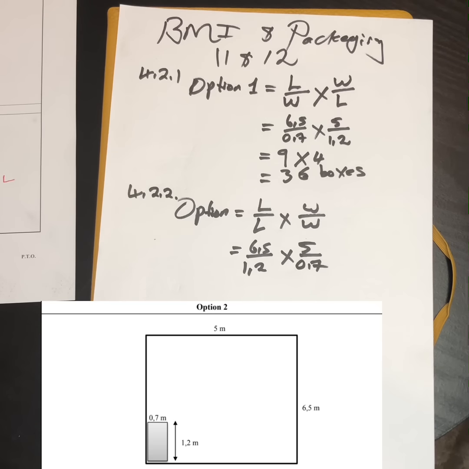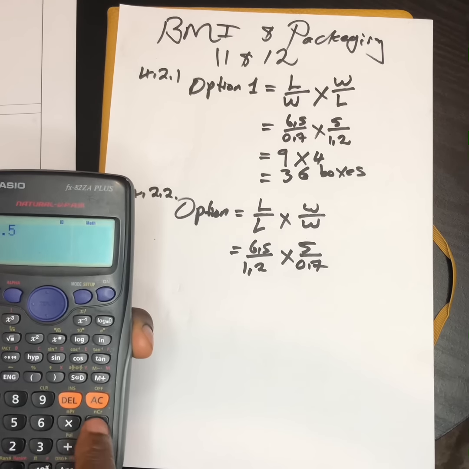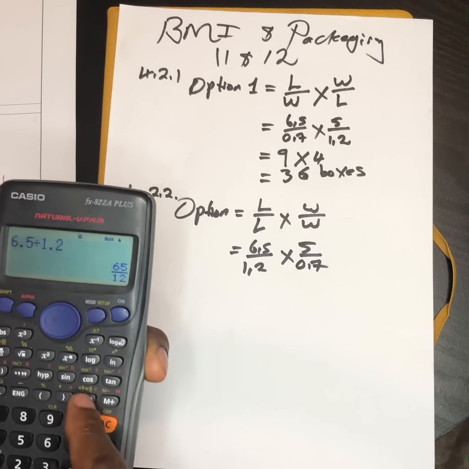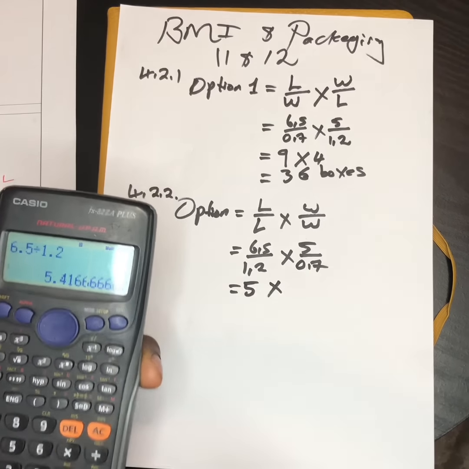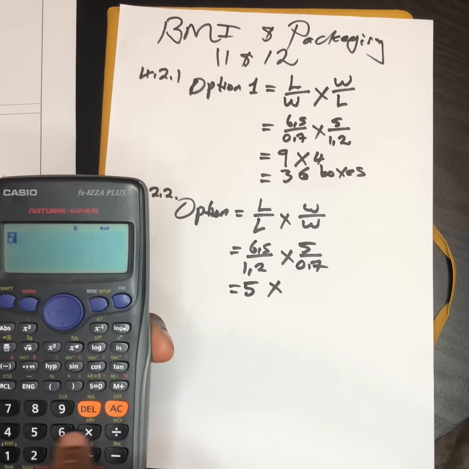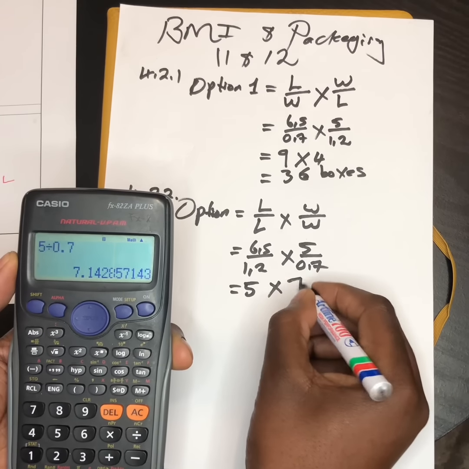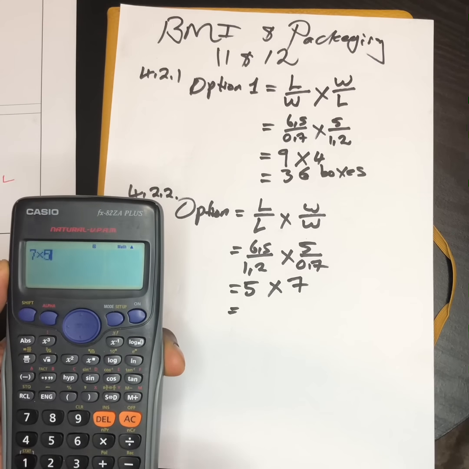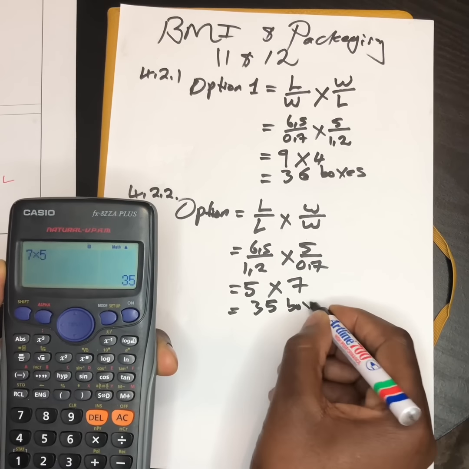We do the calculations, not to forget that we round down. So 6,5 divided by 1,2 is 5 boxes. We round down. The next one, 5 divided by 0,7, we find that is 7. How many number of boxes? We're going to have 7 multiplied by 5. The answer is 35 boxes.